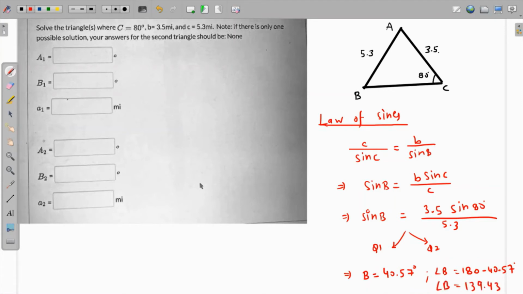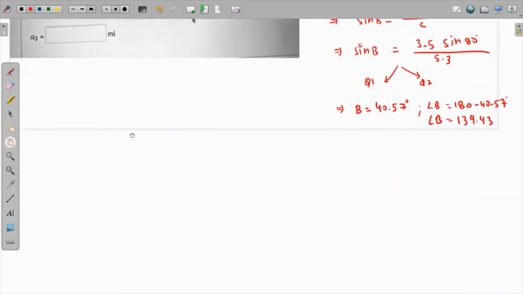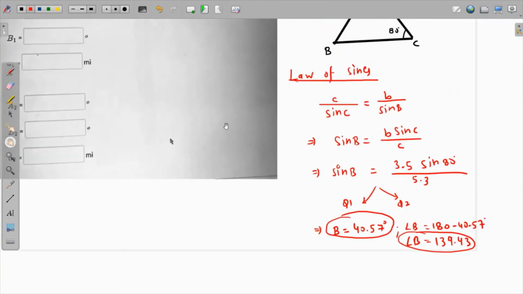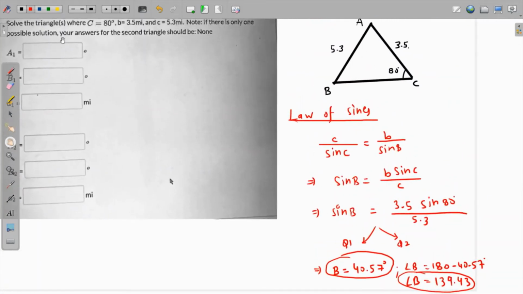Although this is possible as far as the equation is concerned, are these two values actually possible in this triangle? 40.57 is definitely possible, but what about 139? If B is 139, then 139 plus 80 is definitely more than 180, which is not possible because the sum of all three angles of a triangle should be 180.